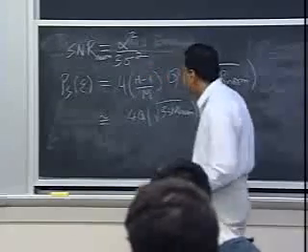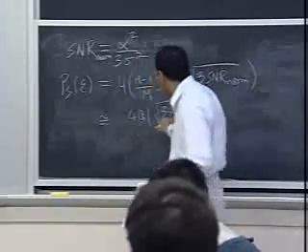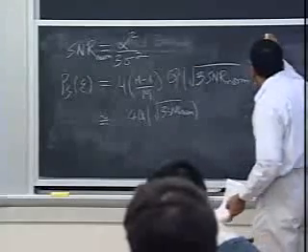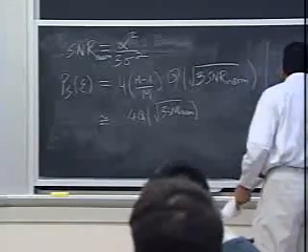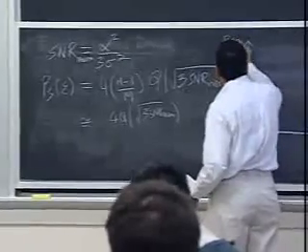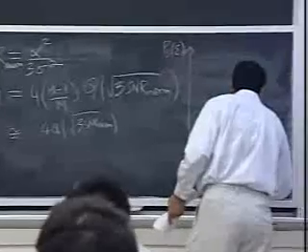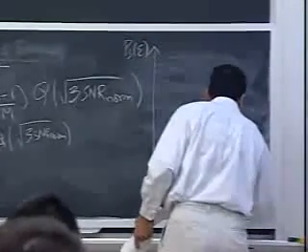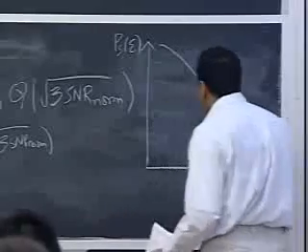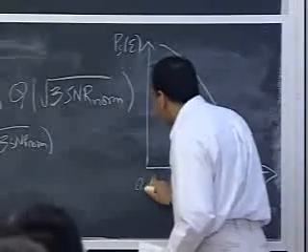So we'll be plotting now probability of error as a function of SNR norm, similar to what we did in the power-limited regime. So this is PS of E as a function of SNR norm. Now my Shannon limit will be at 0 dB.